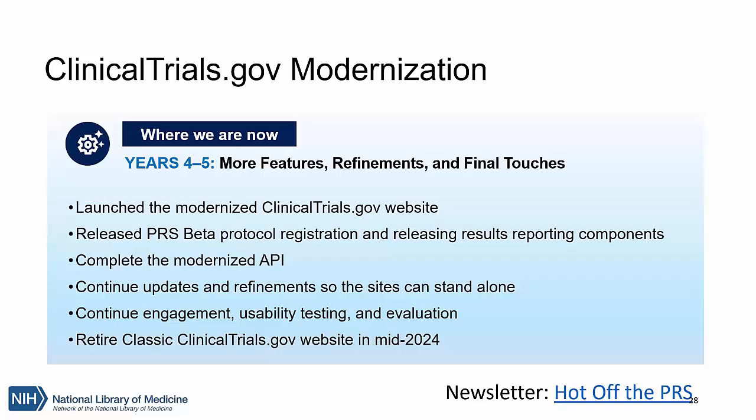However, as of June 24th, the classic version has been retired, and you can only utilize the modernized version. We encourage you to subscribe to the ClinicalTrials.gov newsletter, Hot Off the PRS. That will provide you with updates about features and functionality, and this is included as a link on your handout. You can't click on that link now, but you can when we send you the PowerPoint slides.